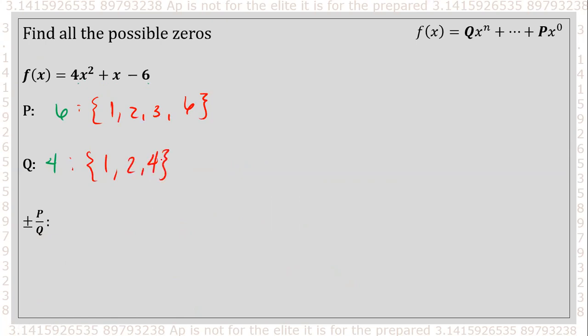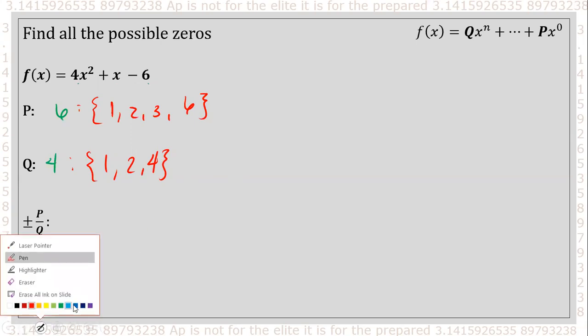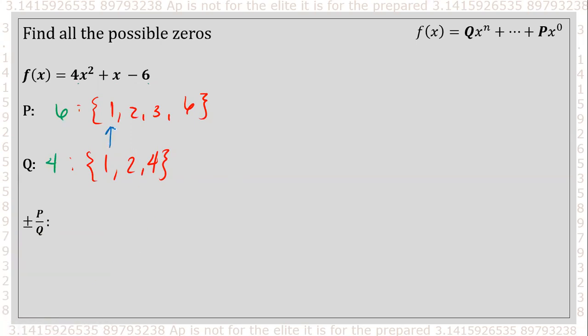Okay. So you do the same thing, but notice how you're going to divide it by each of them. So go ahead and pause the video and try this on your own, and then I will go ahead and show you the solution.